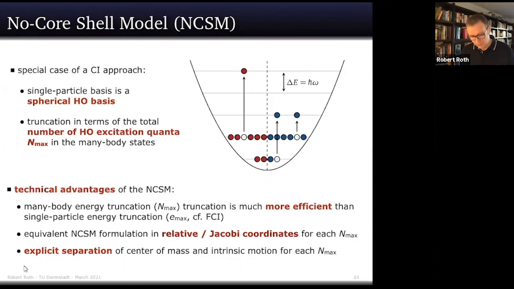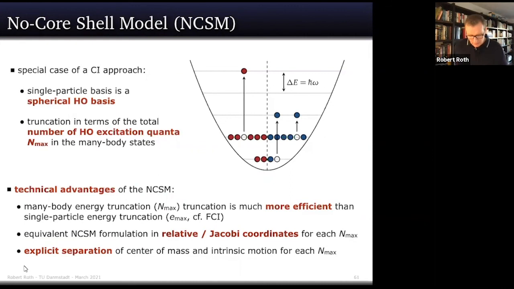And these two things have a number of technical advantages, which we already saw. Number one is this efficiency aspect that I mentioned already. But number two is you can choose two different representations or basis families for writing your NCSM problem.